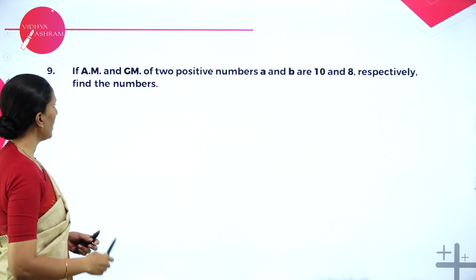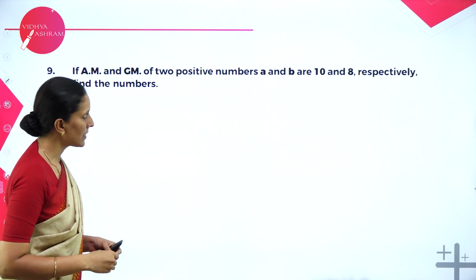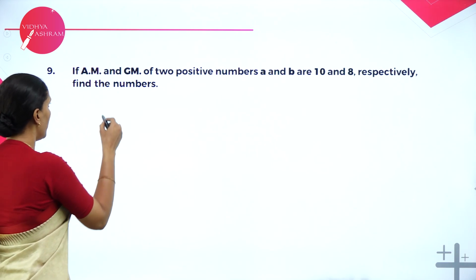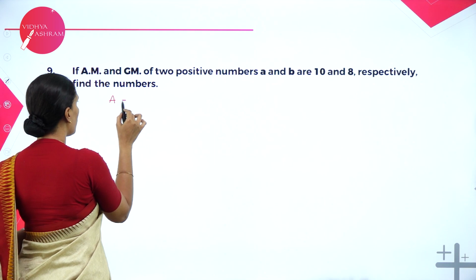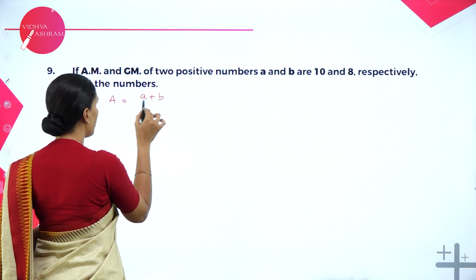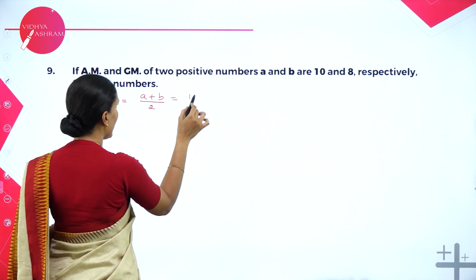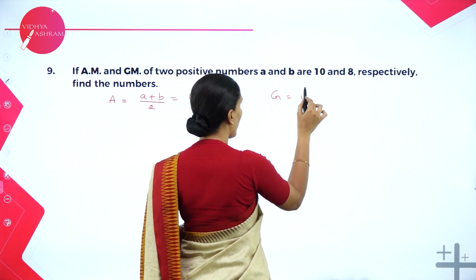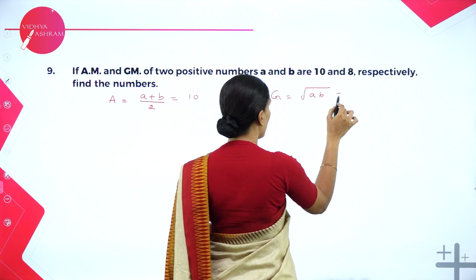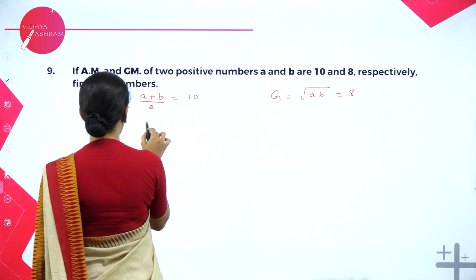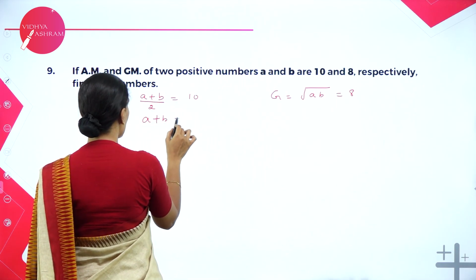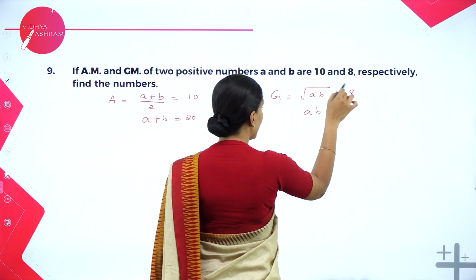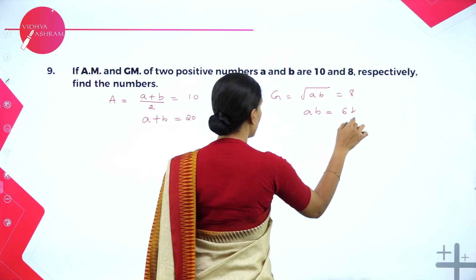Next, if AM and GM of 2 positive numbers A and B are 10 and 8 respectively, find the numbers. We know that arithmetic mean of 2 numbers is A plus B by 2, given as 10. Geometric mean of 2 numbers is square root of AB, which is equal to 8. So solving this, we get A plus B is equal to 20 and AB is equal to, squaring on both sides, 64.